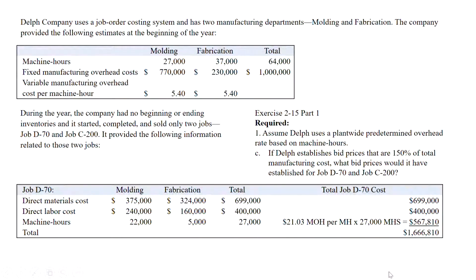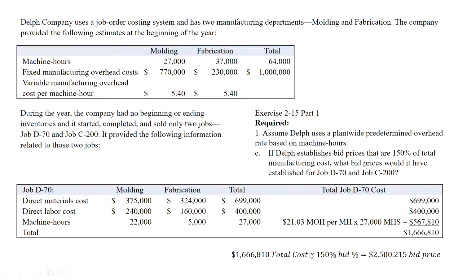Part C is, it's nice to know what the total cost of the job was for you, but what are we going to charge our customer? It mentions in C that the bid price we're going to attempt to charge our customers is going to be 150% of total manufacturing costs. Again, I'm just going to do it for job D70. It would be similar for job C200.